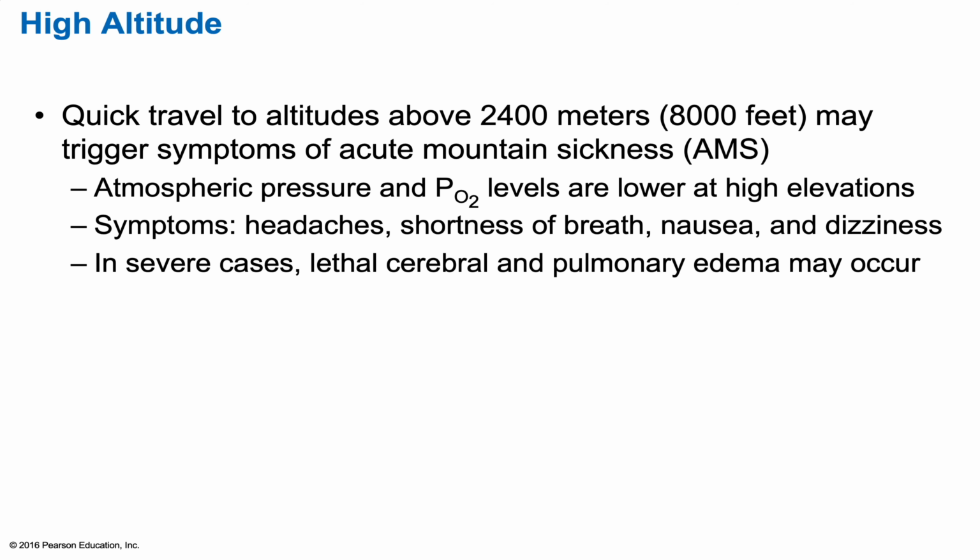However, if you travel quickly from sea level to elevations above 2,400 meters, where the atmospheric pressure and oxygen saturation levels are lower, your body responds with symptoms of acute mountain sickness. So, you end up seeing signs such as headaches, shortness of breath, nausea, and dizziness. In severe cases of AMS, lethal pulmonary and cerebral edema may occur.